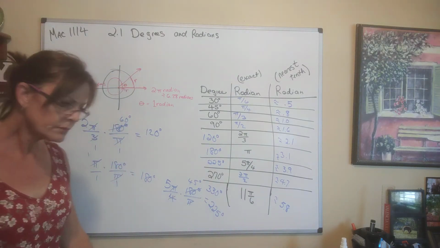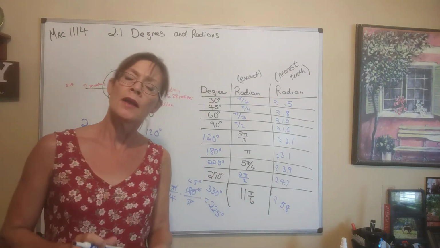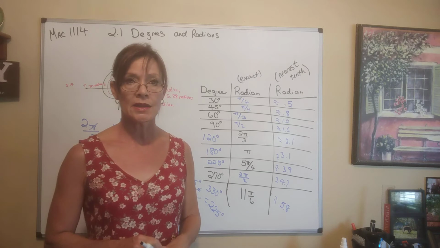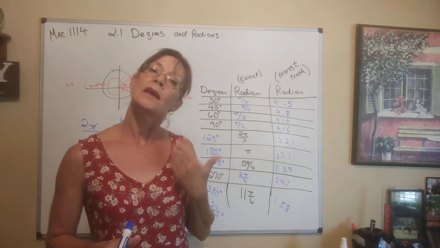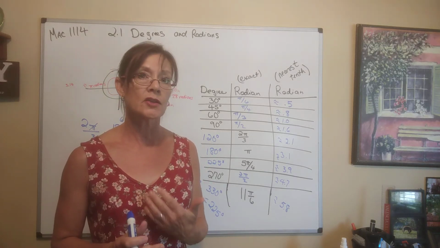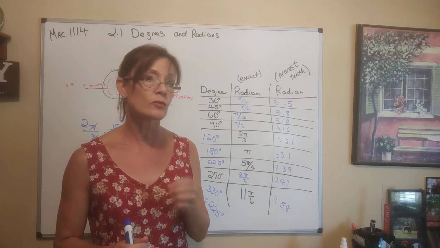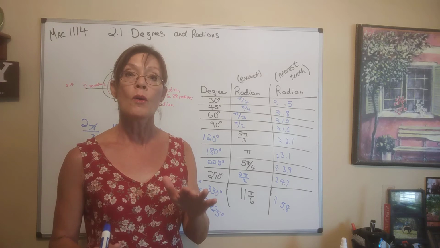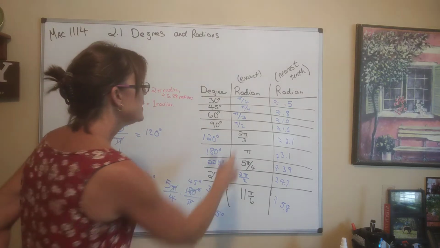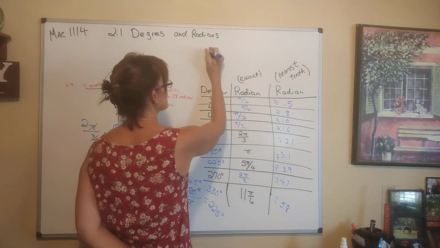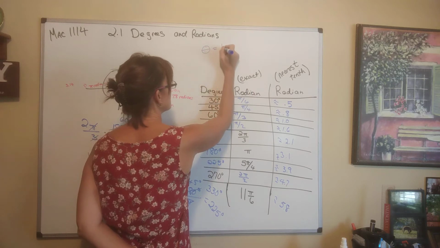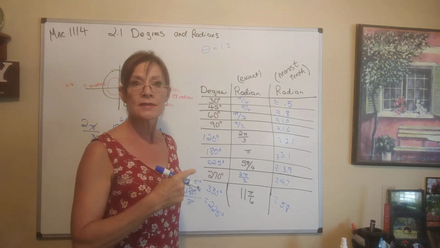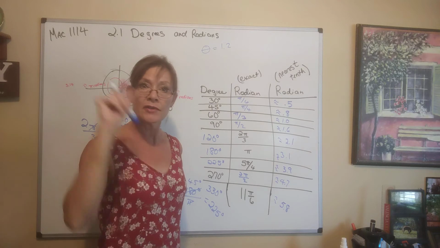Now, here's just a couple of things I want to point out. When you have radians, they will be indicated that the angle is in radians, not degrees, either by writing out the initials RAD or the word radians, or by nothing. So this I know is in radians. If they say to me, here's an angle, that's in radians, and I know that because it doesn't have a little degree symbol.